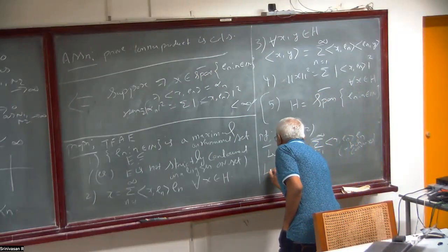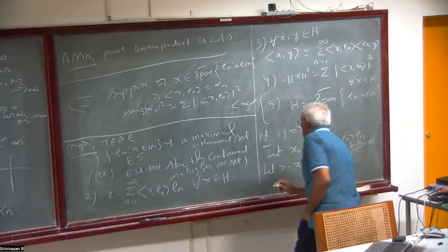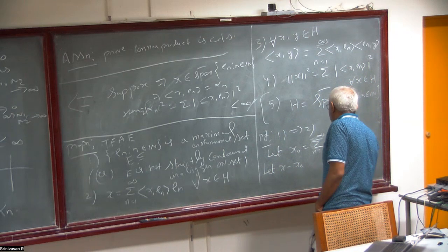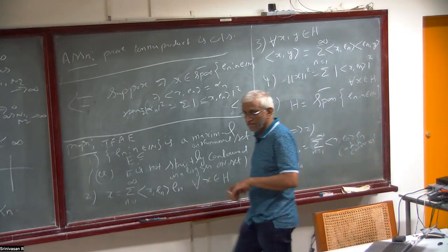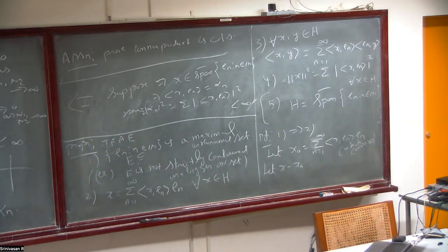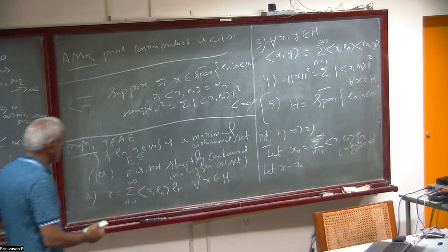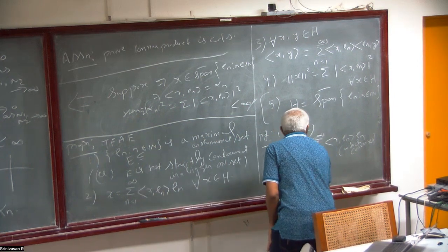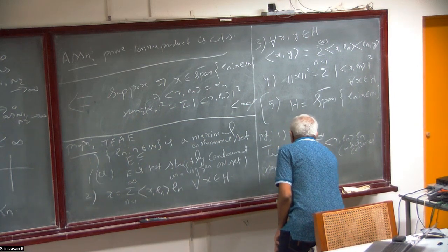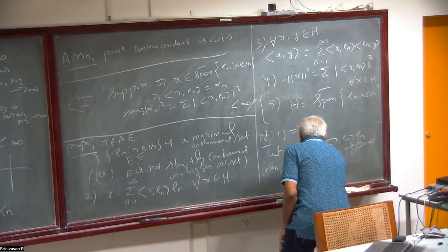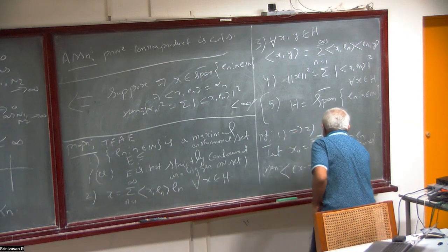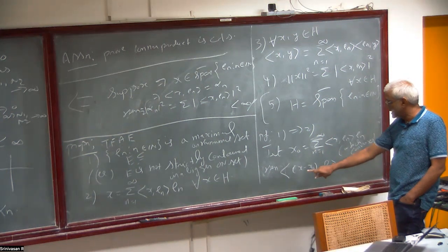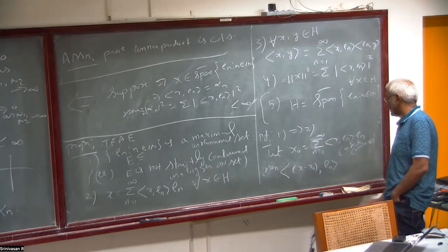Okay. Now take x minus x naught. You want to prove this is 0. You take the inner product of this x minus x naught with any En. You just insert the summation again.